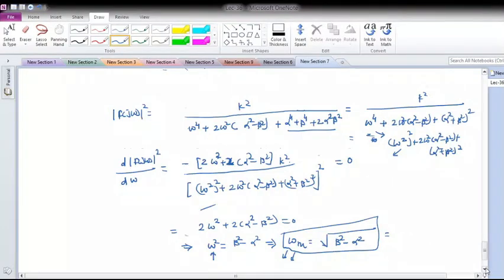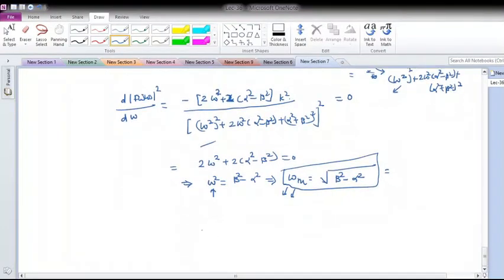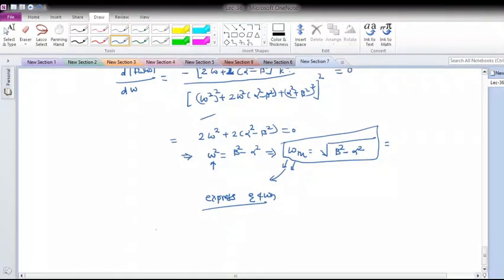Now this we can also express in terms of zeta and omega n. So omega m square is equal to beta square minus alpha square. Beta is omega n into square root of 1 minus zeta square, its square, minus alpha square. Alpha square means zeta square omega n square.